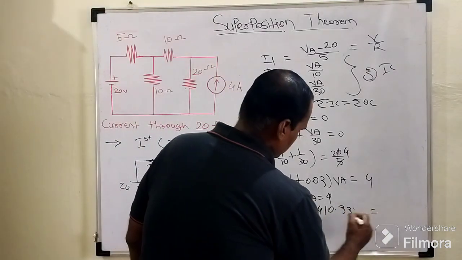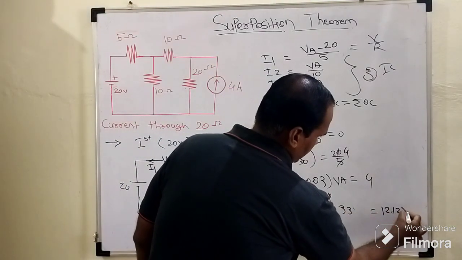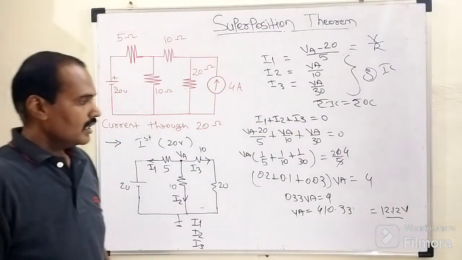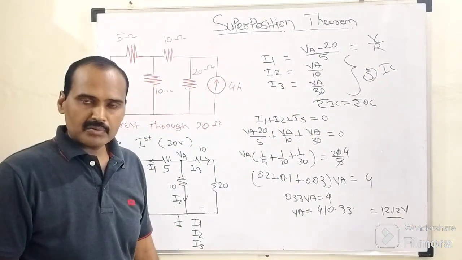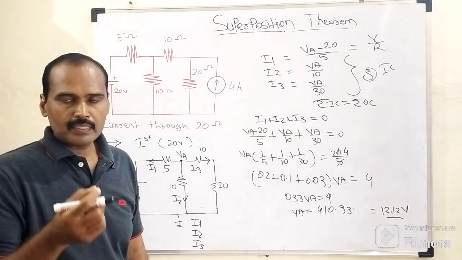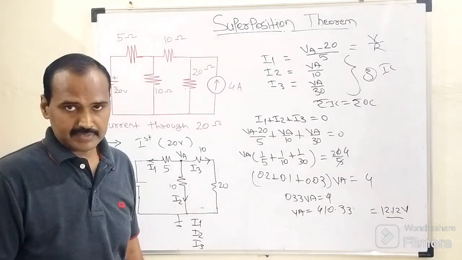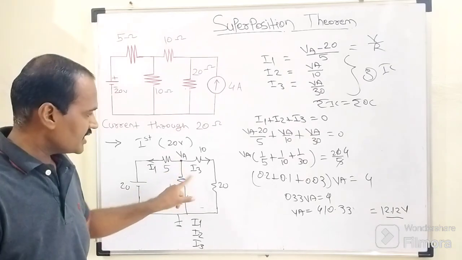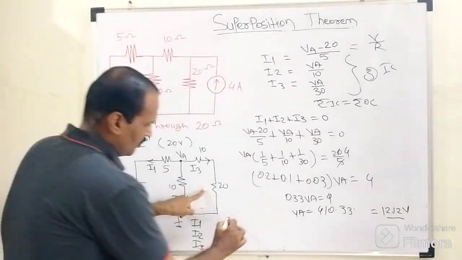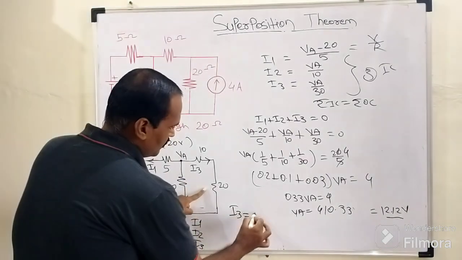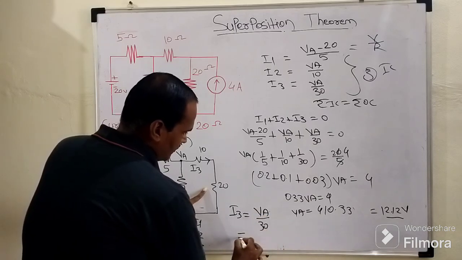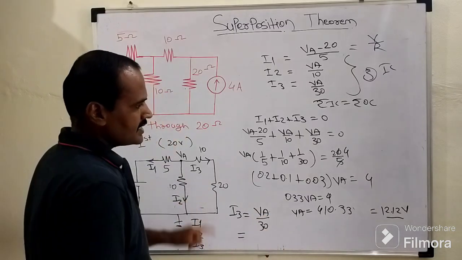So VA equals approximately 12.12 volt, which is always measured in terms of volt, right? So this is the corresponding value of this node potential, which can be called V suffix A. Our area of interest is to determine this I3. I3 equals VA upon 30. So here VA is nothing but what?